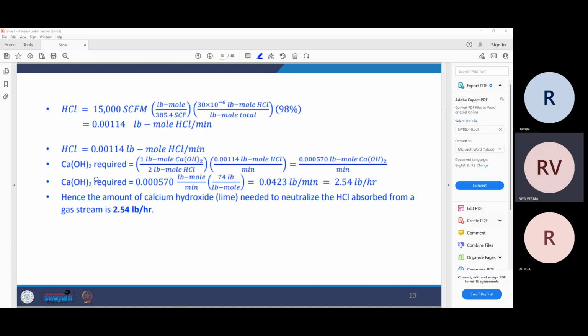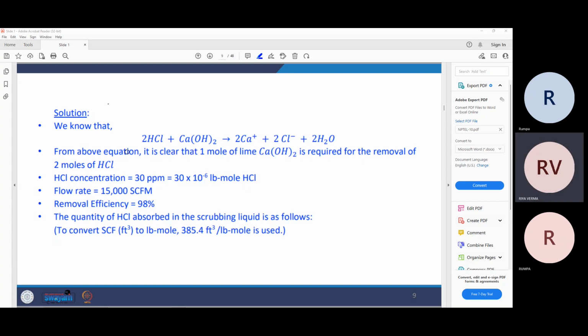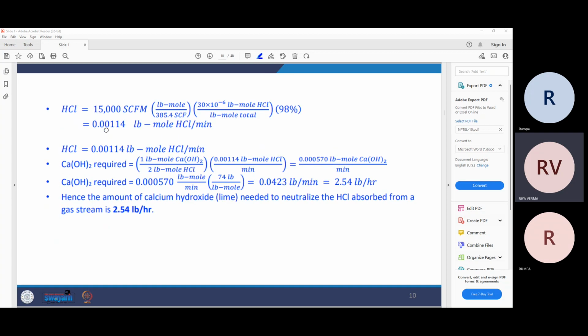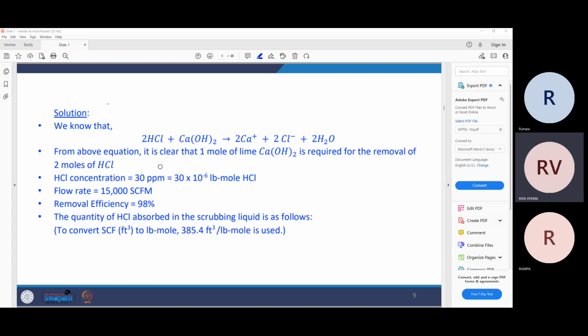So we'll get the quantity of HCl absorbed in the scrubbing liquid, that will be equal to 0.00114, and for that the amount of lime required will be this value divided by 2, because for whatever amount of HCl we have, half of that amount of lime is required.